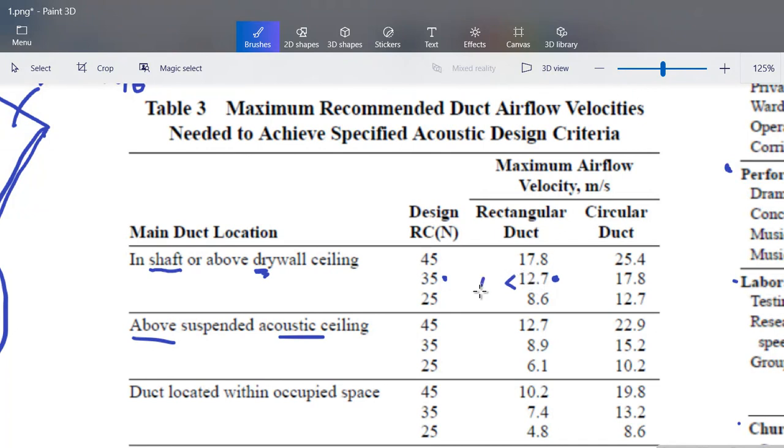What we have is 1.8 meters per second, which is less than the maximum, so that is okay. You have to check this, because if you exceed 12.7 in the duct velocity, it will produce sound.